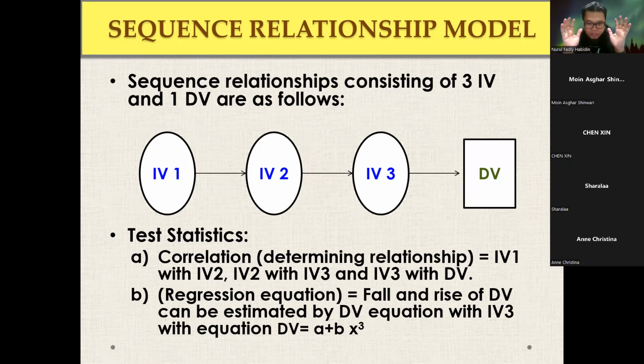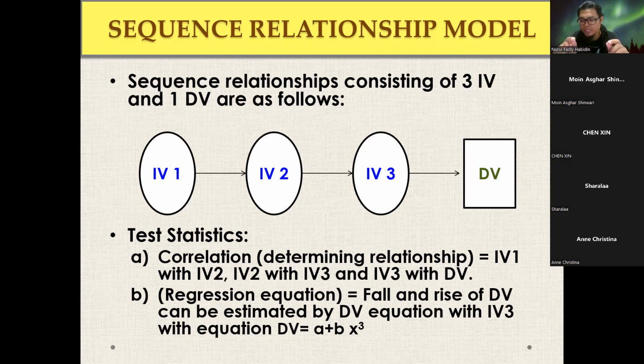But this figure is what we call the sequential relation model. IV3 goes directly to DV, IV2 goes directly to IV3, and IV1 goes directly to IV2.